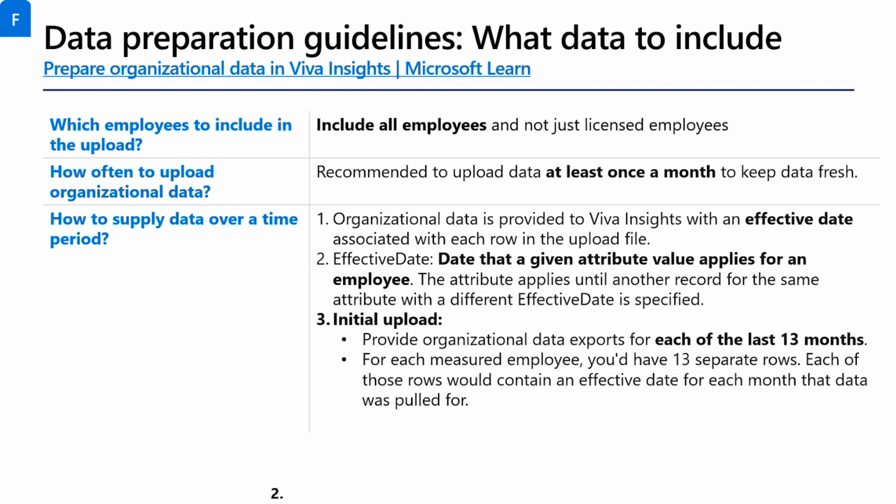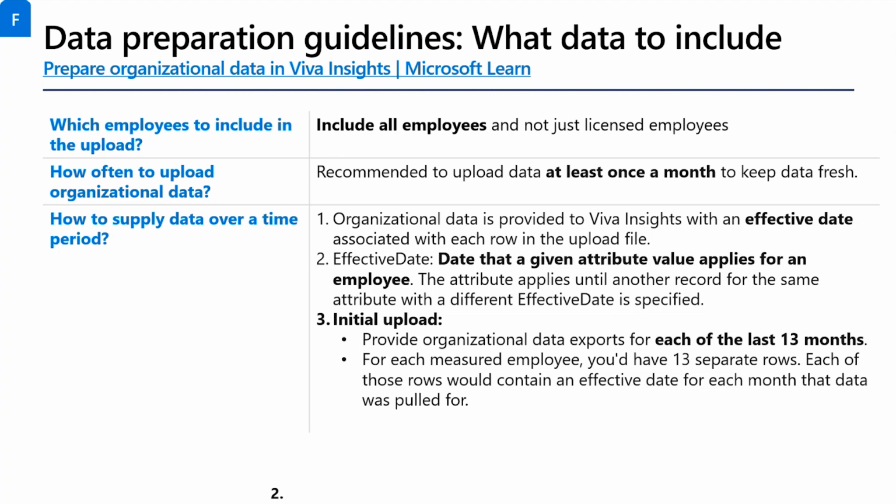So, for example, in your initial upload, you will have organizational data for the last 13 months, and you want to be able to historically track all the changes that have occurred during that 13-month period.